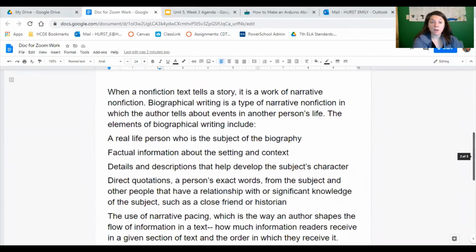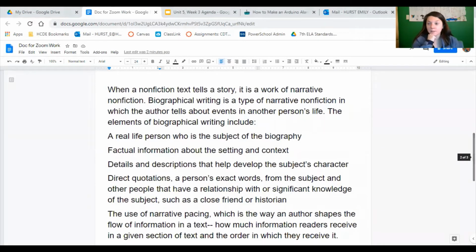So when a nonfiction text tells a story, it is a work of narrative nonfiction, which we just said. And biographical writing is a type of narrative nonfiction in which the author tells about events in another person's life. So today we're going to be looking at the elements of biographical writing. And we're going to think about how the author included these elements in the text.